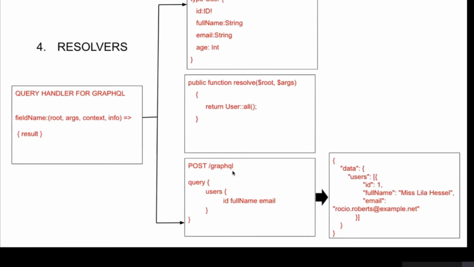The third box here is a post request you are making from whatever service you are making use of. So here we are trying to use all users with ID, full name, and email. And here we are also trying to get a return response with a user object of the particular users we have.